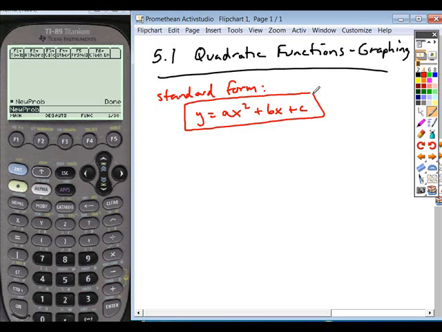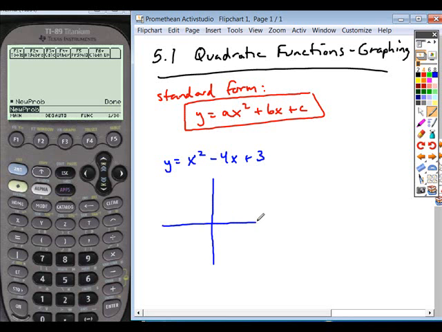Okay, when you sketch a graph of a quadratic, there are a couple ways that you can do that. And so here's an example of a quadratic function.